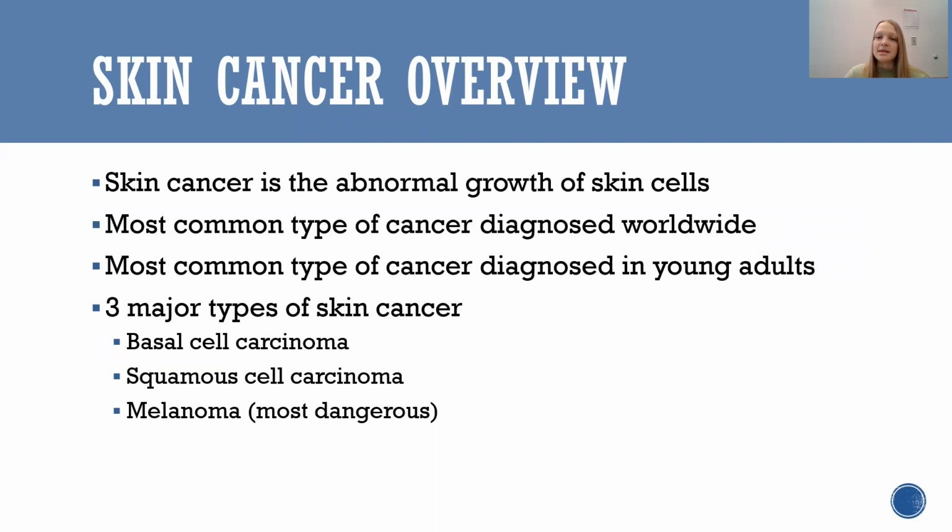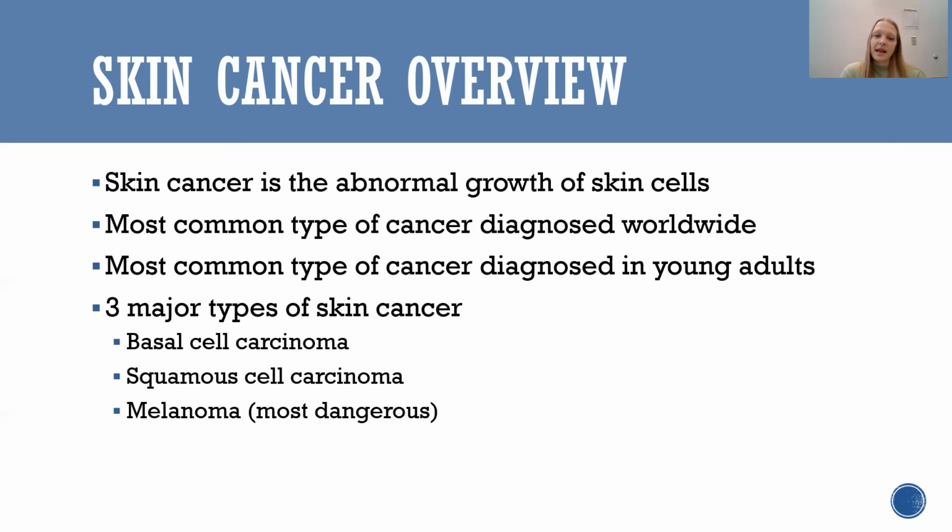And the problem with this is that the control factors that actually limit the cell growth are not working, which just causes this uncontrollable growth that can invade your tissue, and it can really affect your body, especially when it spreads. So skin cancer is also the most common type of cancer diagnosed in young adults, which is why it's so prevalent among college students and why this is an important area of research.